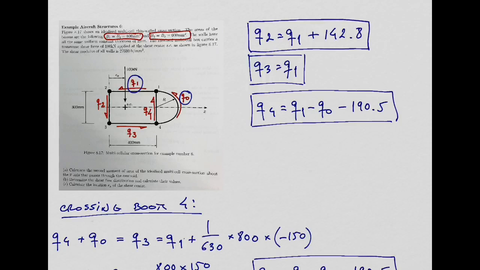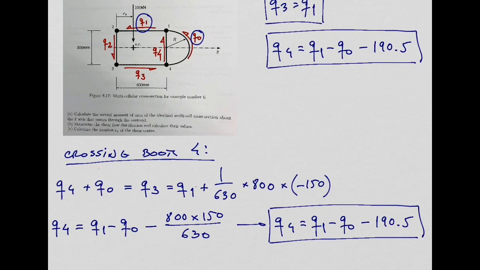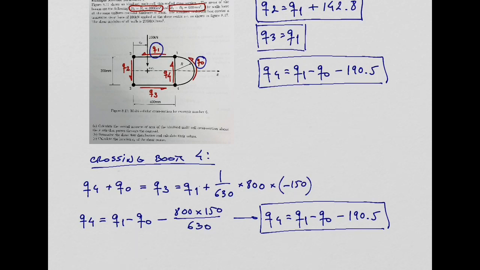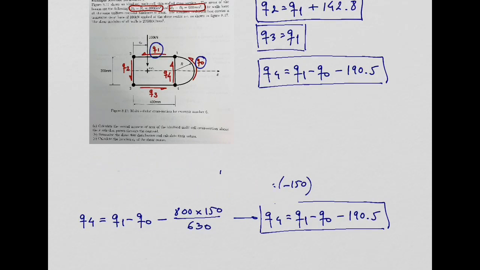So I need now to find a way to calculate this Q0 and Q1. And if I do that, I unlock all the other shear flows, right? Make sense? And that's where this shear center thing comes in.